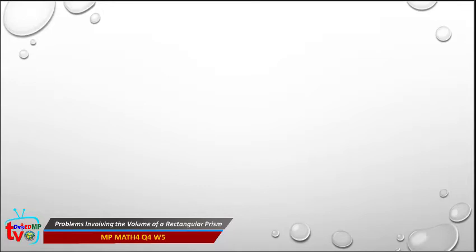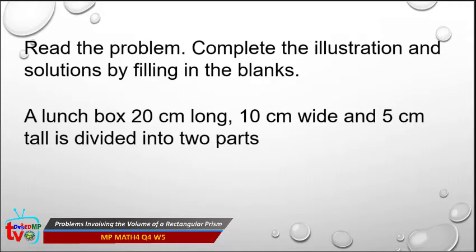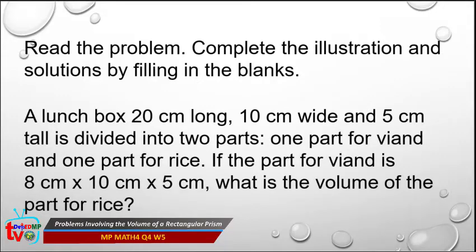For our second activity, read the problem. Complete the illustration and solutions by filling in the blanks. A lunchbox 20 centimeters long, 10 centimeters wide, and 5 centimeters tall is divided into 2 parts, 1 part for viand and 1 part for rice.